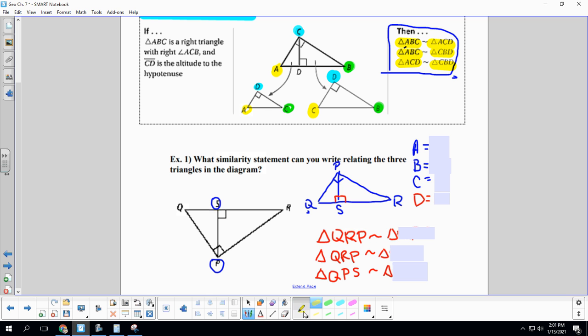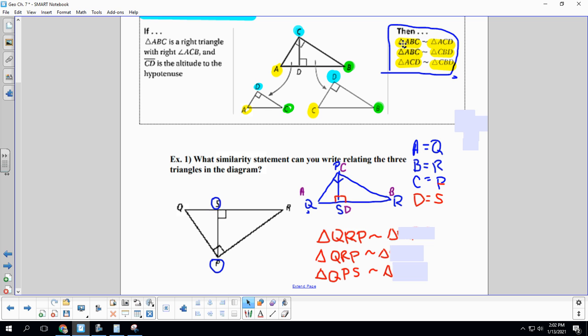When we do that, we see that Q is in the same position as A, P is in the same position as C, B is in the same position as R, and D is in the same position as S. So here I'm going to make myself a little key. A is with Q, B is with R, C is with P, and D is with S.